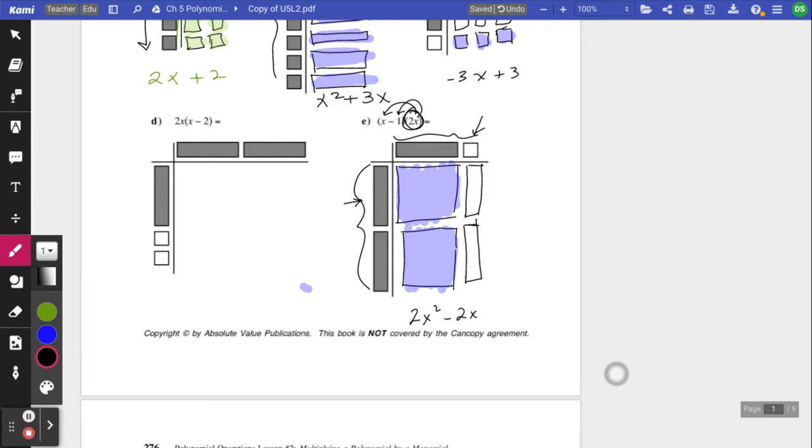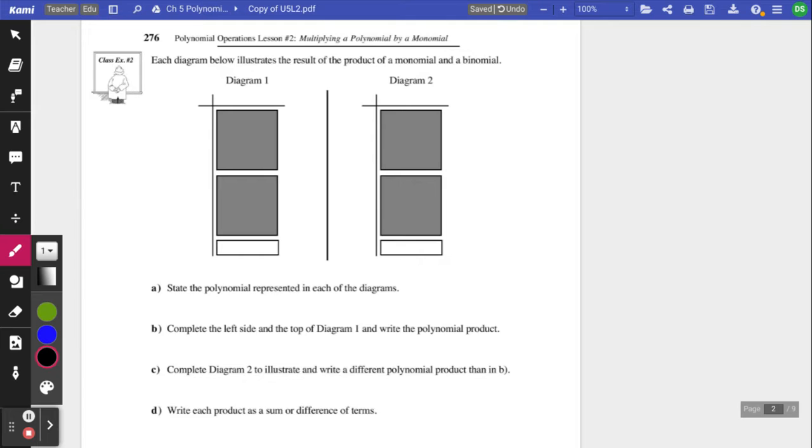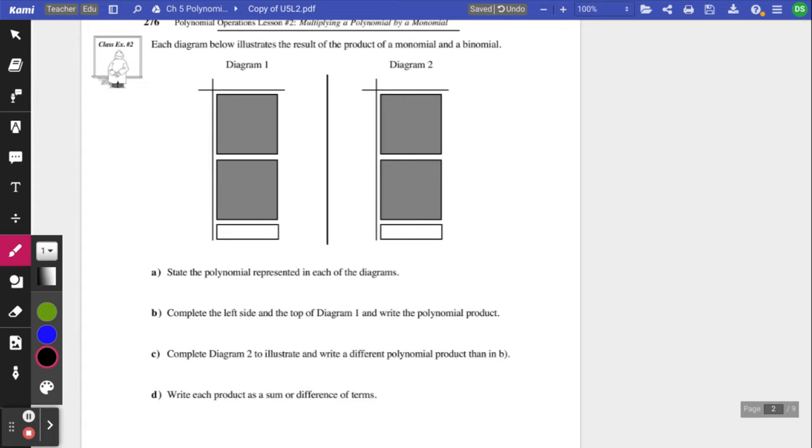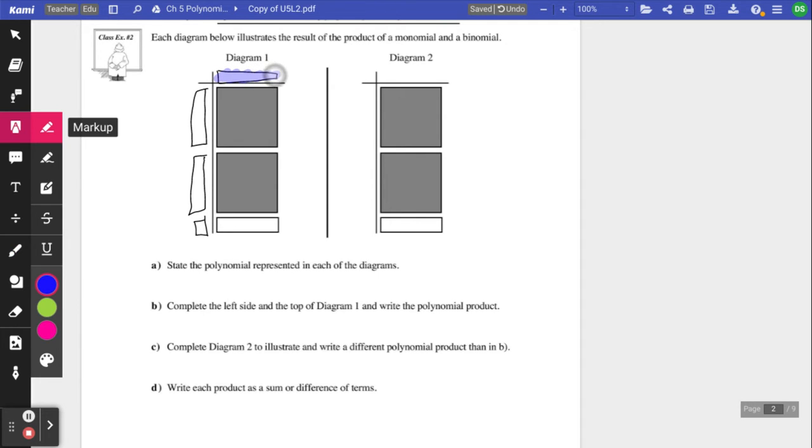Yeah, cool. That's how I do it with algebra tiles. I could go backwards. I could say each diagram below illustrates the result of a product of a monomial and a binomial. So you could say, okay, they have to be positive blocks. So I could do these blocks here. I know that's what they are. And then this would have to be a positive, and these would have to be positive.